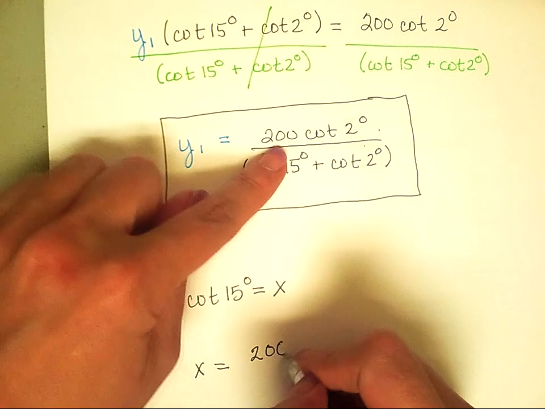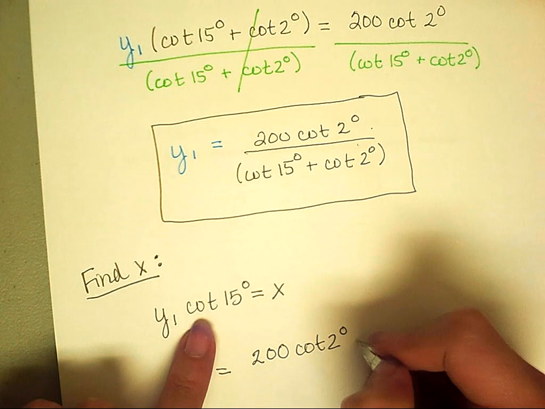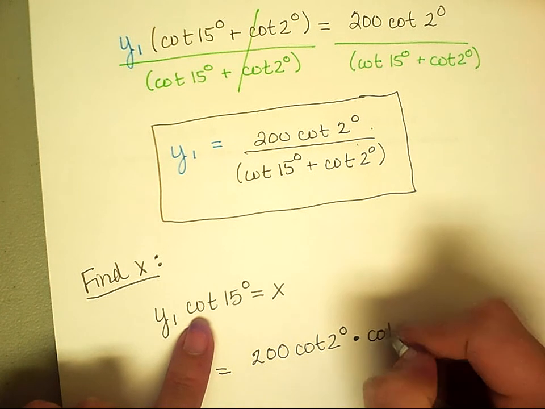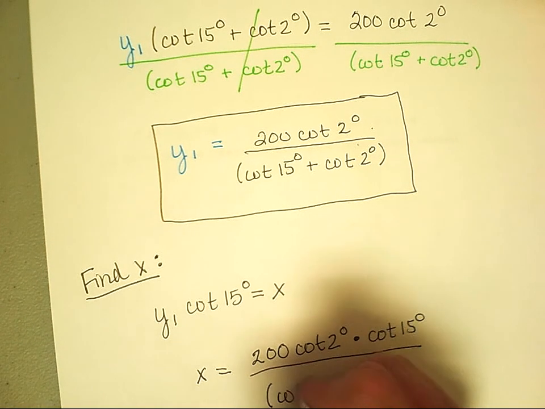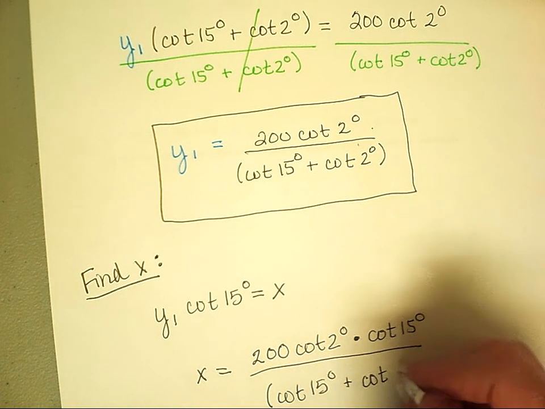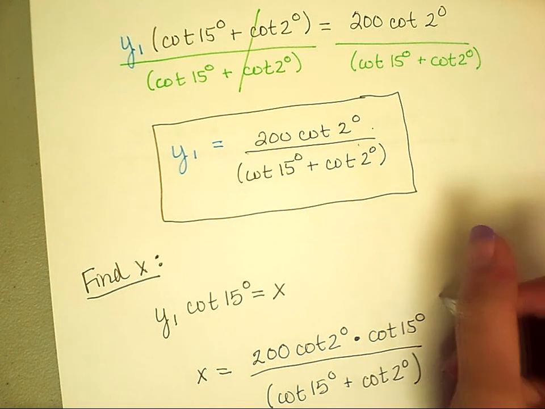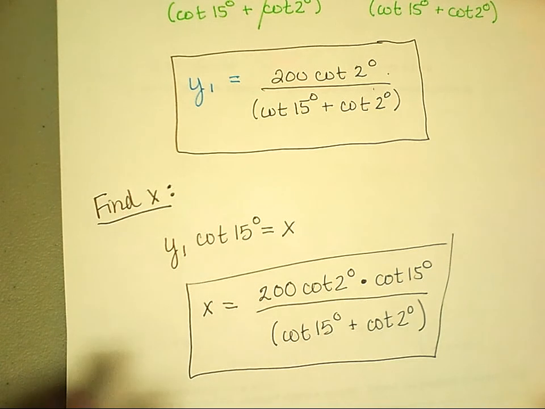So we have that x is equal to 200 cotangent of 2 degrees, and now we multiply that by the cotangent of 15 degrees over the cotangent of 15 degrees plus the cotangent of 2 degrees. And this, as an exact value, is how far away that person is from the monument.